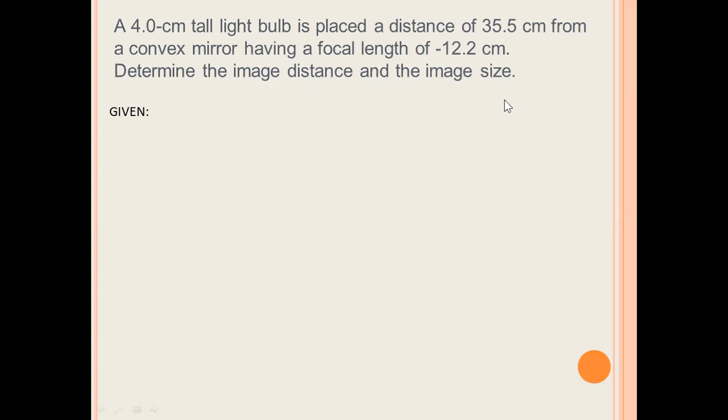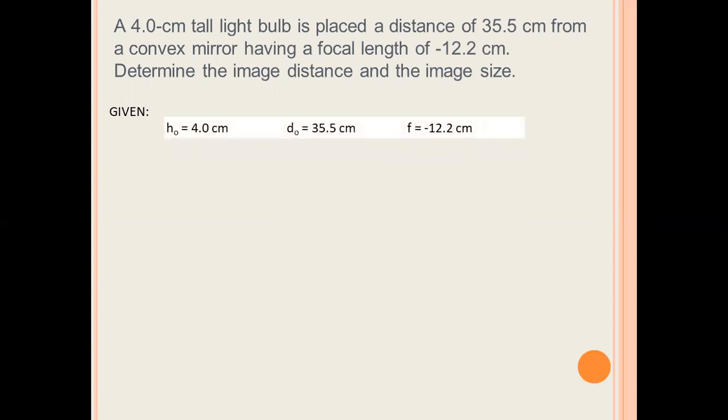Now remember from our previous video, if we are given a value for the focal length as negative, automatically the analysis is that this type of mirror is a convex one. For a negative focal length, it is always a convex mirror. Now let's declare the following variables.